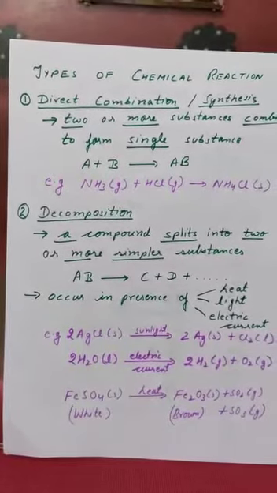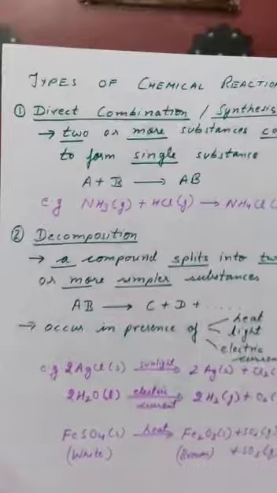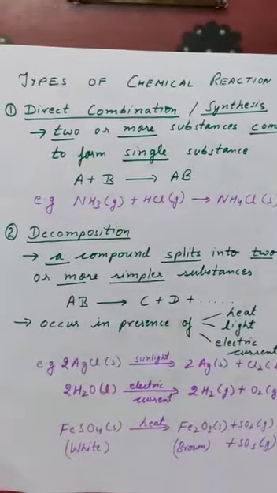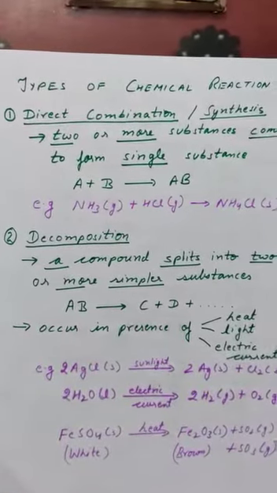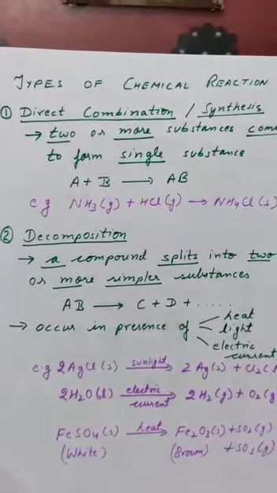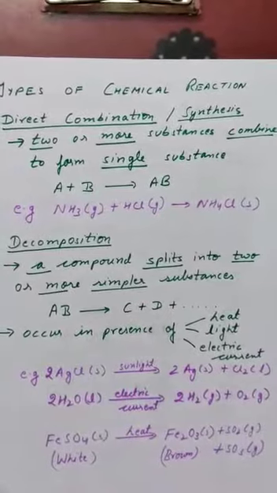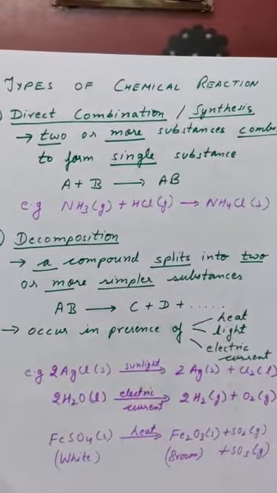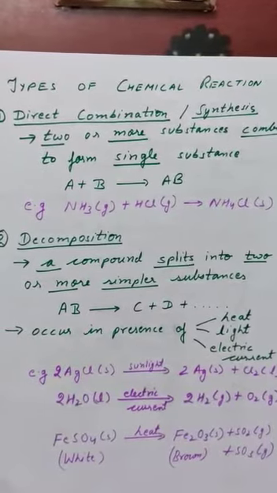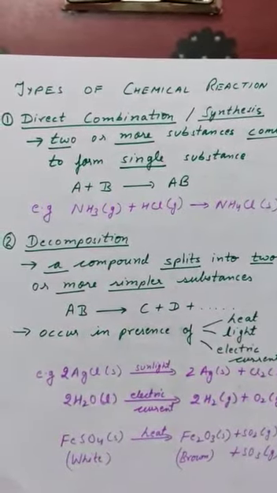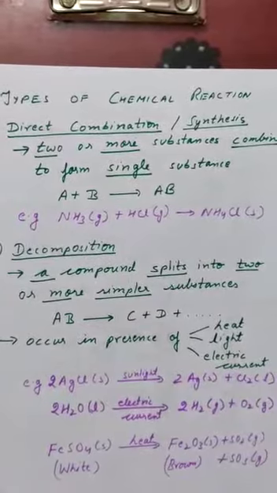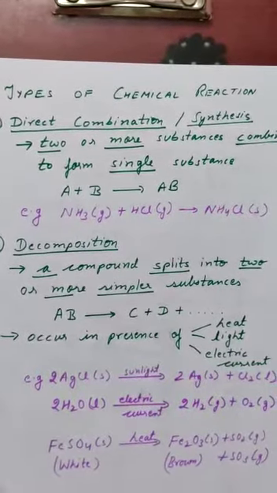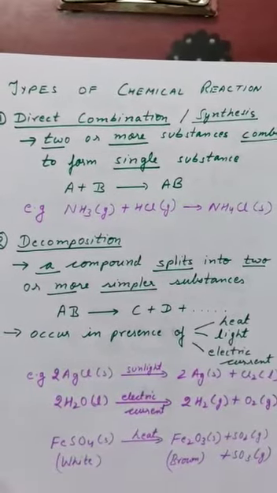There are different types of chemical reaction. First is direct combination or synthesis. In this type of chemical reaction, two or more substances combine to form a single substance. For example, if A and B are reactants, they will combine with each other to form a single substance, that is AB.